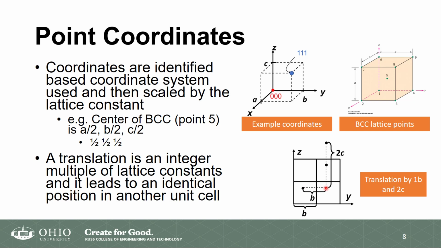What if I translate by twice the c distance? I will again move 1c and 2c, and I end up with a point that is in another unit cell, but it's the same exact point. So the conclusion here really is that if I take an integer multiple of any of my lattice constants, I will end up with an identical position. And this applies whether I use positive integers or negative integers.